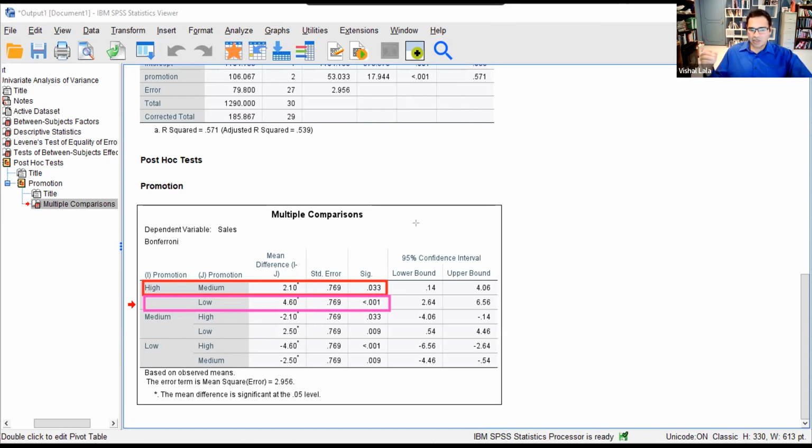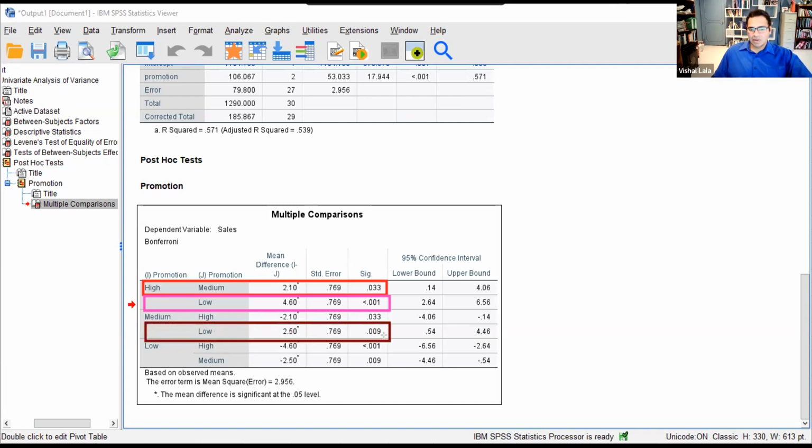Let's move on to our last contrast, which is what's left, medium and low. As you look to row number 3, we've already covered row number 3, this one here. So instead, I'll go on to the one below, the one we have not done, which is medium versus low.